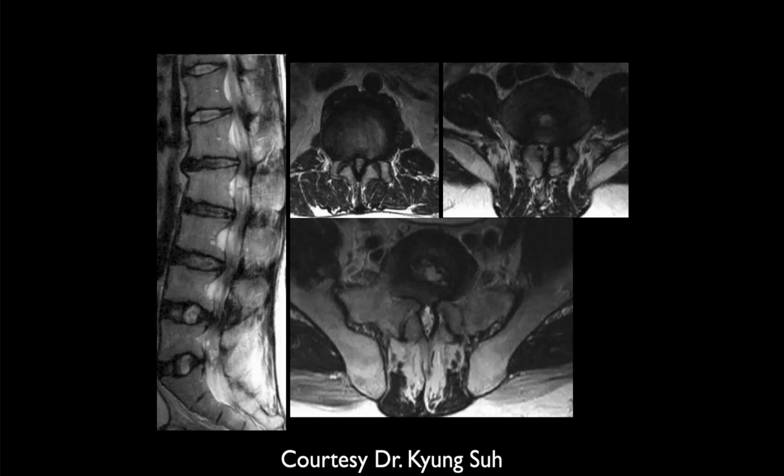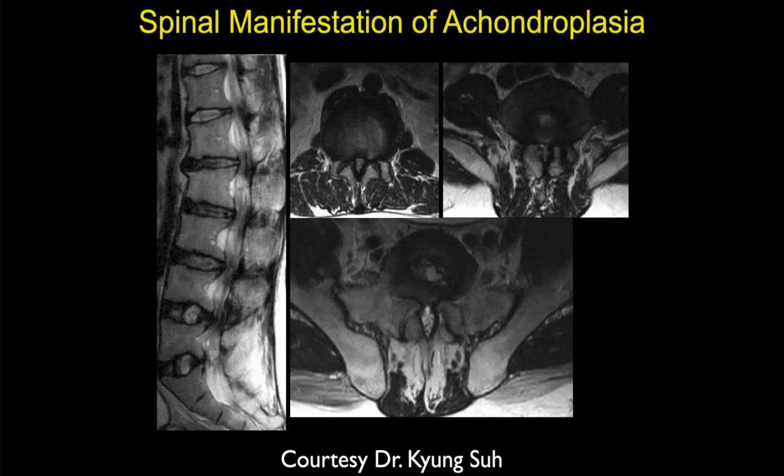Let's see. And here on the axials, you can see the stenosis. This is typical of achondroplasia. That's what I was thinking, but I was looking for the hourglass shape of the pelvis. Yep.